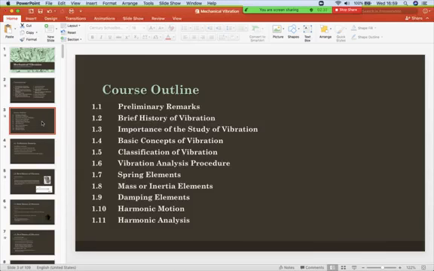So in our day-to-day application or the practice of our profession as a mechanical engineer, we're always dealing with machineries. And we know for a fact that machines do vibrate. And this is what led to the development of many mechanical systems that became so efficient because of the study of vibration.